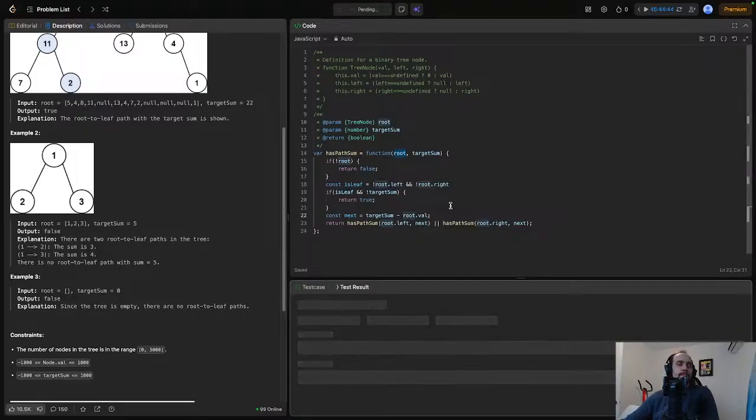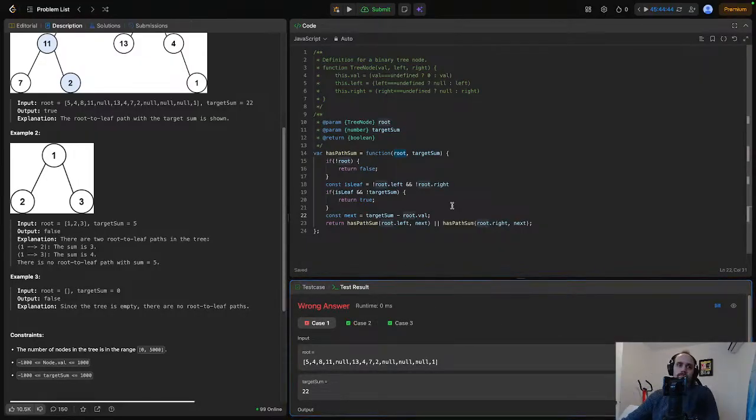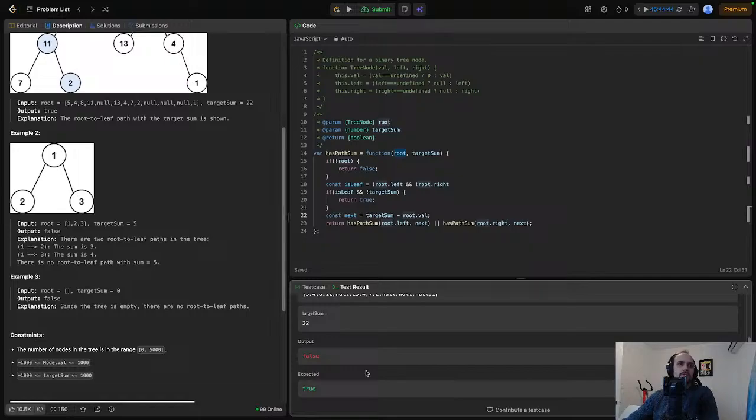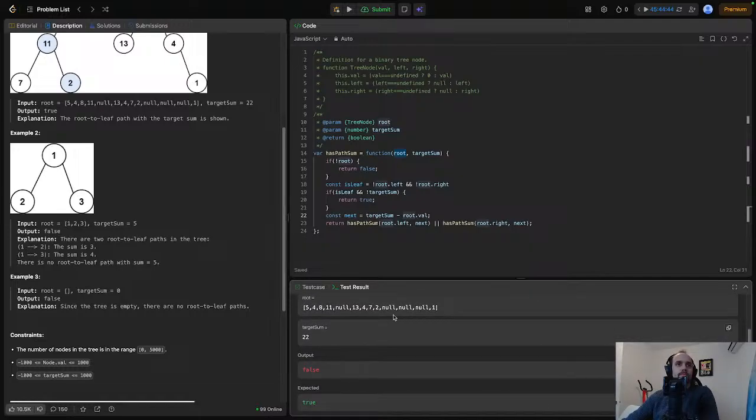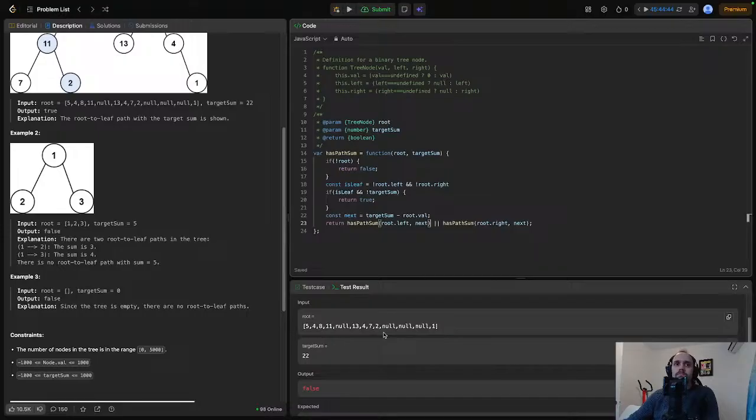Okay. Got false, but we expected true. So, not left and not right, and it's a leaf, and target sum is 0 essentially, then we'll return true.